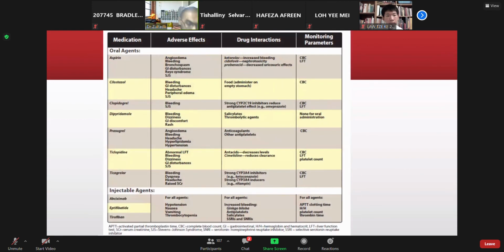Okay, we come to the end of my lecture. This table summarizes the antiplatelet agents with their adverse effects, drug interactions, and the monitoring parameters needed if the patient receives antiplatelet drugs.